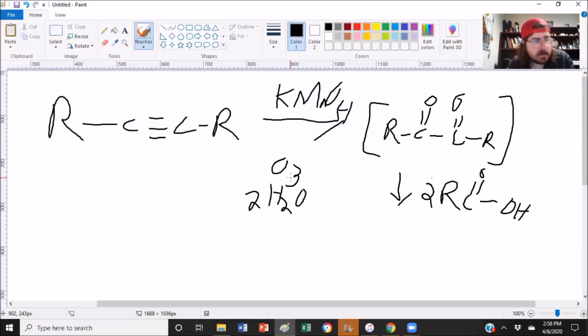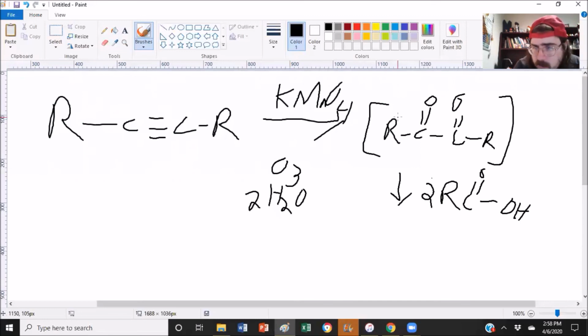But so far, we've just talked about oxidation. Let's see. Oxidation of alkyl substituents of a benzene.